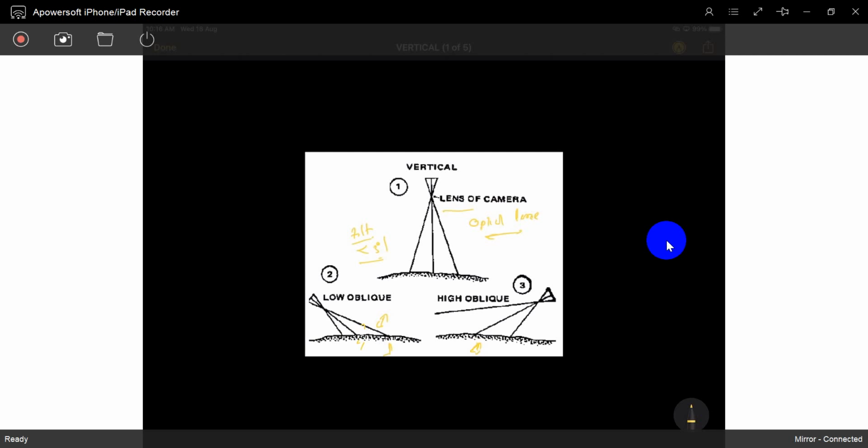So why do we need an oblique image? We get more information, but we get very small details. We already discussed this in previous classes.